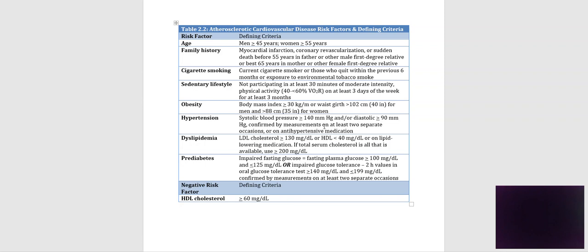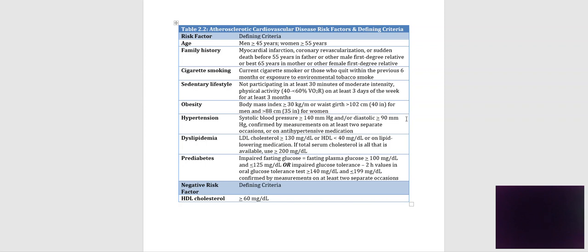A common mistake is somebody will have a blood pressure of 120/95 for some reason, and then they don't consider it a risk factor because their systolic blood pressure was normal. It's either or in this case. And not only that, but if the individual is taking any hypertension medication, then that's an immediate risk factor in terms of atherosclerotic risk factors.